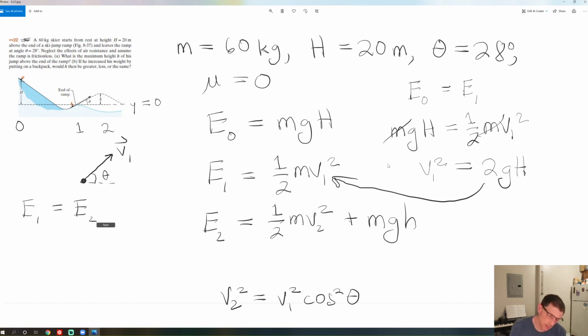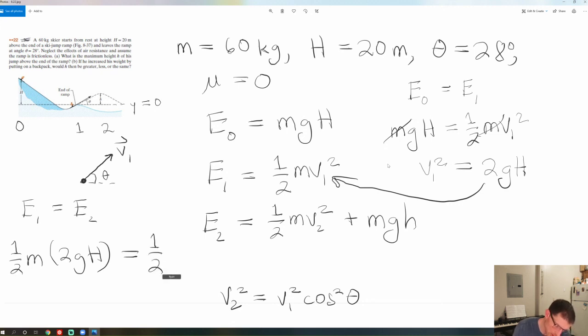Okay, and so making the substitution, we found v1 squared to just be 2g big H, right? And then we found that v sub 2 squared is just v sub 1 squared cosine squared theta, which means, let's write this out and be careful here.